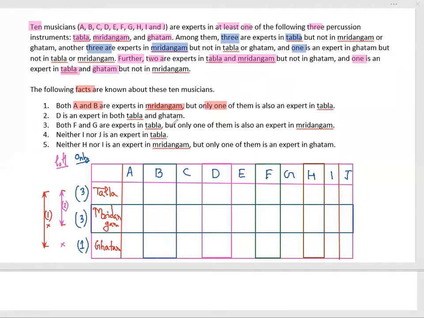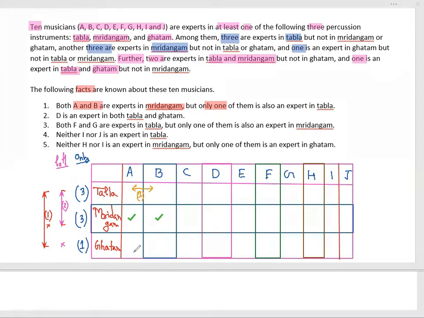So do one thing: for A and B, both of them, in mridangam, let me put the tick mark. But only one of them is also an expert in tabla. I don't know which one, so I need to write it down in this format: only one of them.